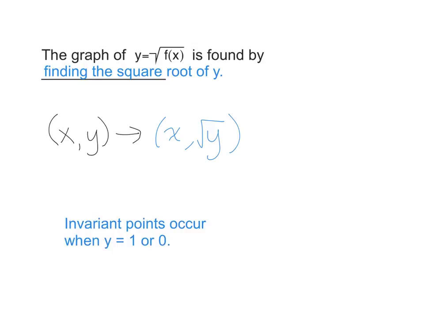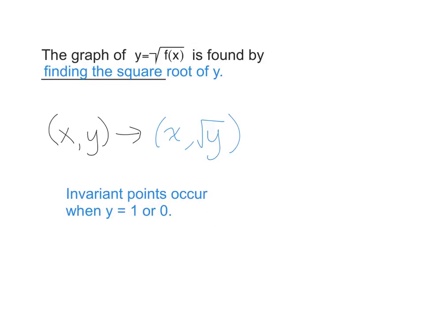And what's the reason for that? The square root of 1 is 1, the square root of 0 is 0. So that means the points aren't going to change, they'll be invariant.